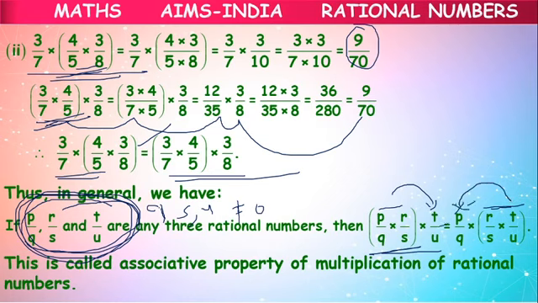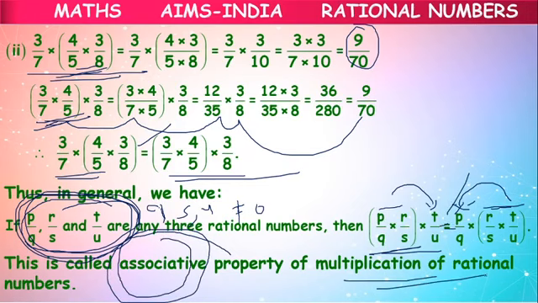In these two orders, the product will be the same. So this is called the associative property of multiplication of rational numbers.